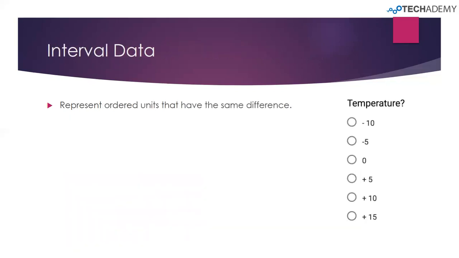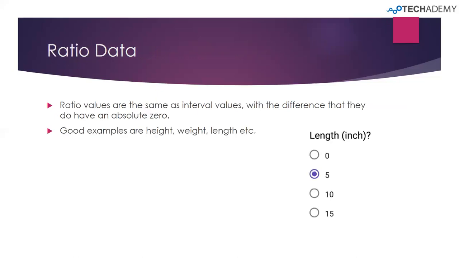There is also interval data. Interval data represents ordered units that have the same difference. Like in this particular temperature example, you can see that it is -10, -5, 0, +5, +10, +15. It has some order to it. In the ratio data, values like the total percentage marks are called ratio data.